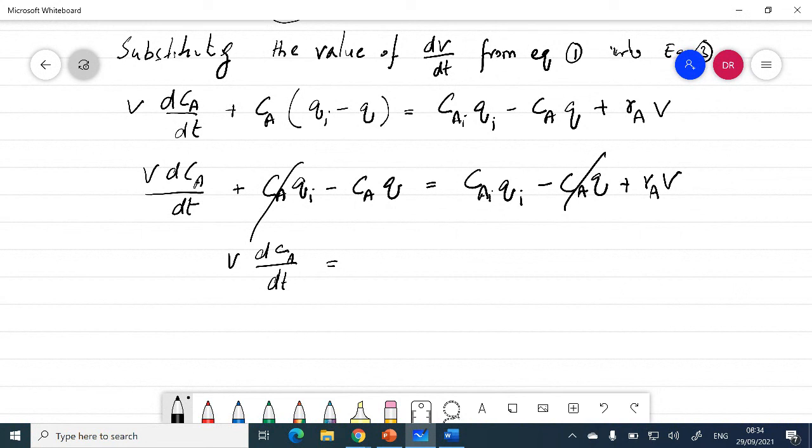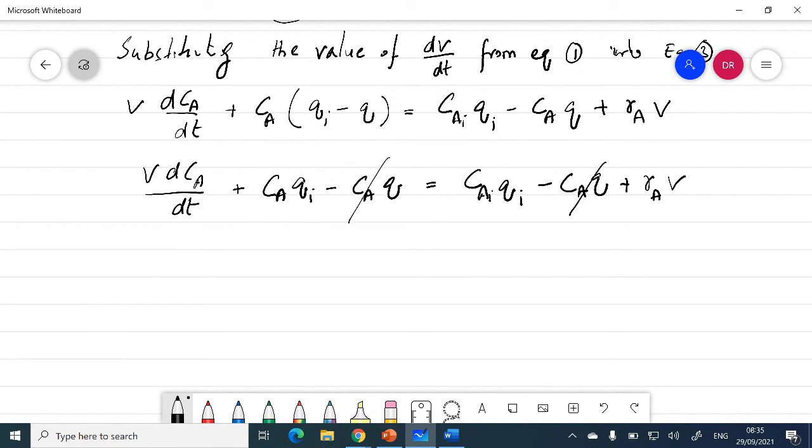I think I made one mistake. Here this is CAQI and this is CAQ. So what we can cancel here is this term, minus CAQ, and this one.